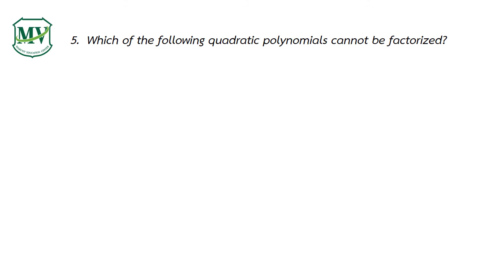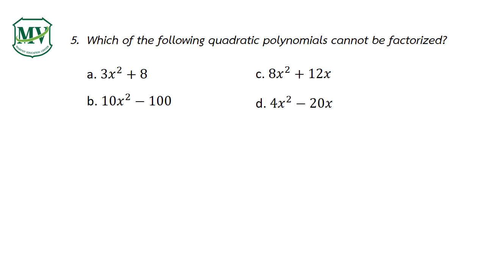So let's go to question number 5. Which of the following quadratic polynomials can be factorized? Letter A, 3x squared plus 8. Letter B, 10x squared minus 100. Letter C, 8x squared plus 12x.